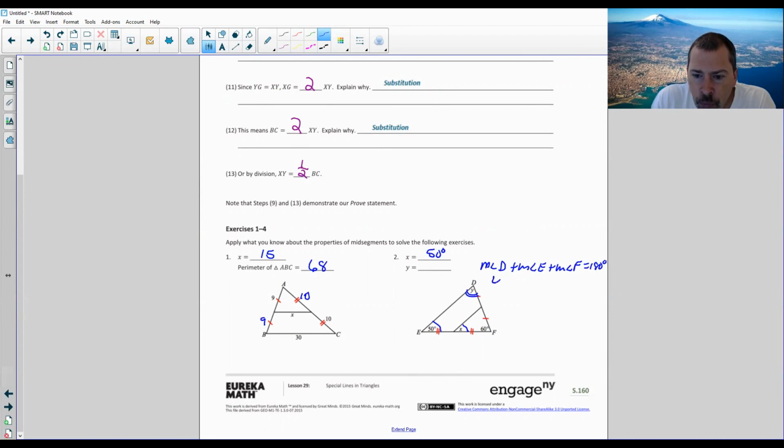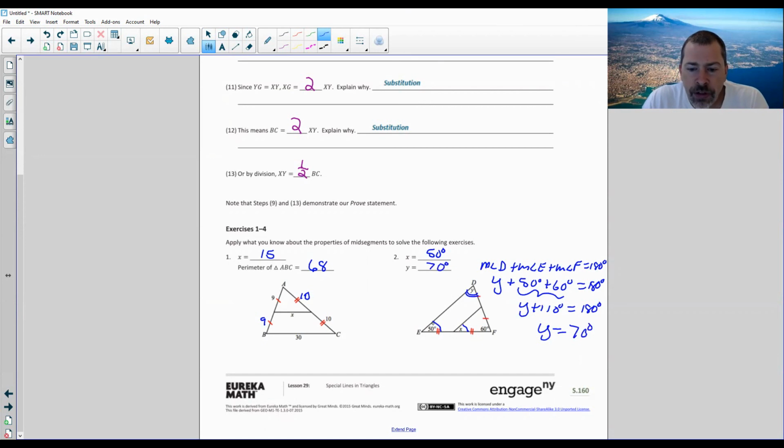And if D is Y, and the measure of E is 50, and the measure of F is 60, then they add up to 180. So I combine my like terms: Y plus 110 degrees equals 180 degrees. Subtracting 110 from both sides, Y equals 70 degrees. Wow. There is so much information we can get from diagrams if there is a mid-segment drawn.